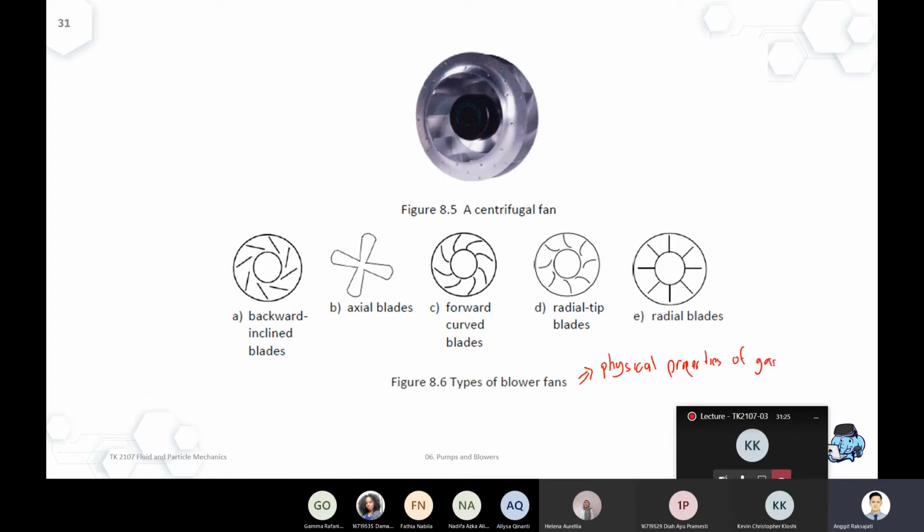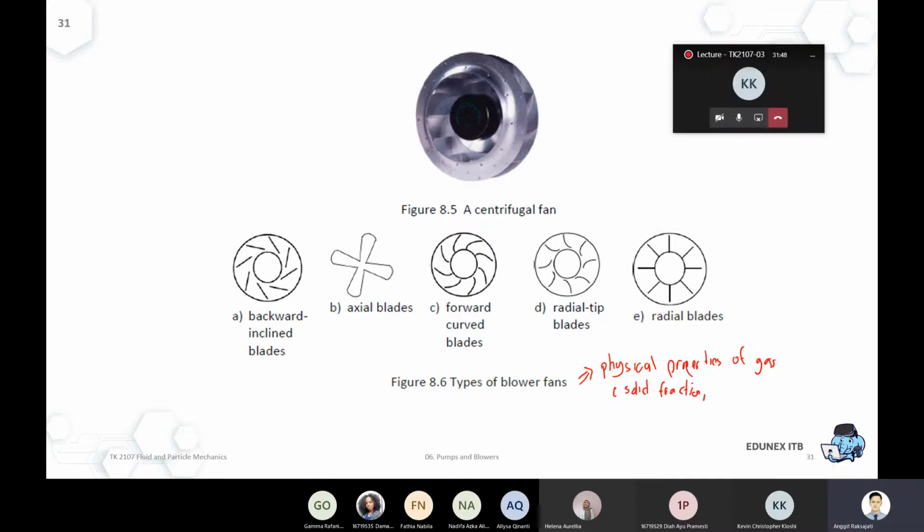For example, does it contain a solid fraction or not, or even dust? You can imagine that if we flow dirty air containing dust into a blower, it could be abrasive to the impeller of the blower.